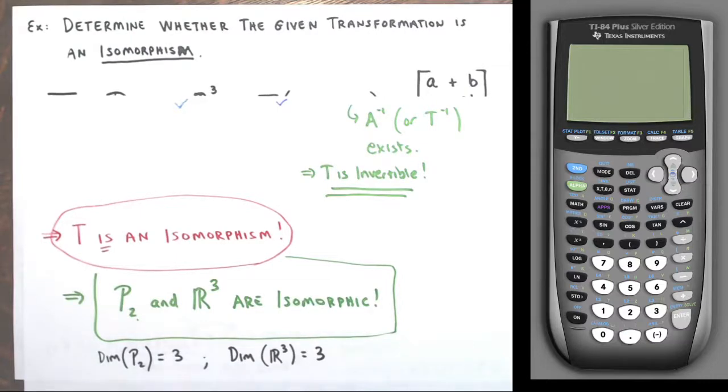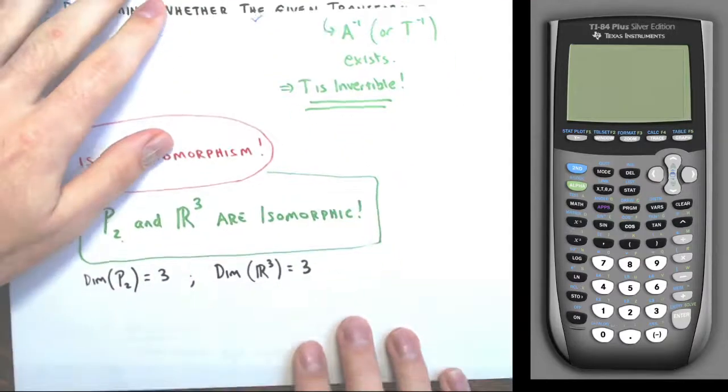So, I know it's only one example, but what we're going to see later is that spaces that have the same dimension are going to be isomorphic. That means you can find a transformation between the two that's both linear and invertible. We'll see that later. All right, now the next one.